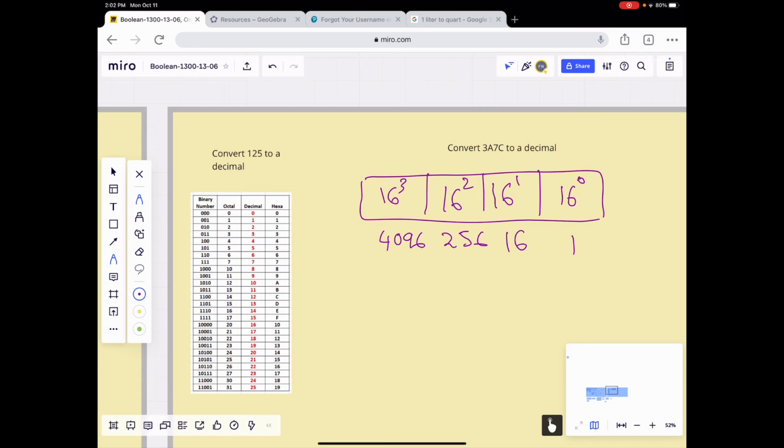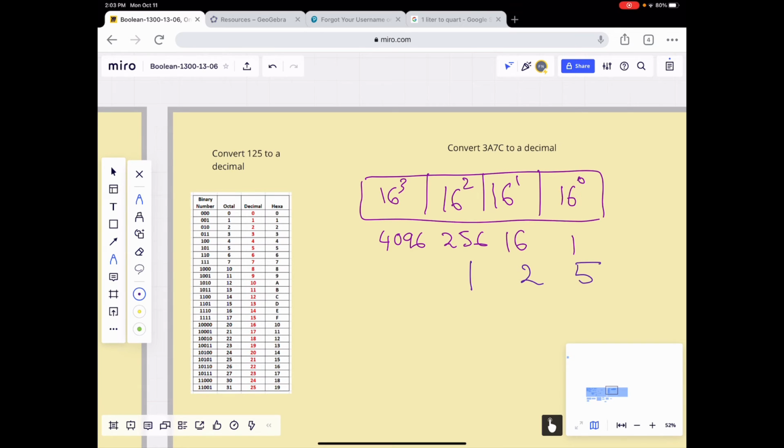All right, so let's convert 125 hexadecimal to decimal. You put down 125 in the right places. I'm going to use a different color here. 125 is a hexadecimal number you want to convert to decimal.